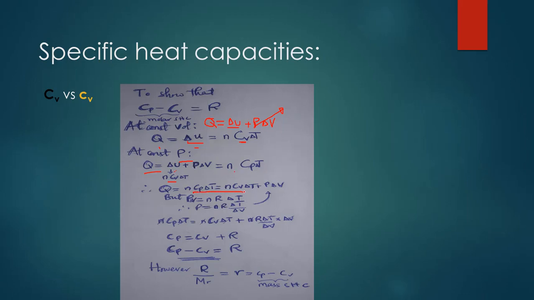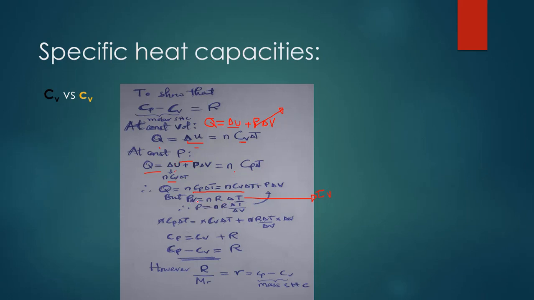Then from there we know P times change in V is equal to nR change in T. You know, this is the ideal gas equation, PV is equal to nRT. So when the volume is changing, the temperature is changing at constant pressure.